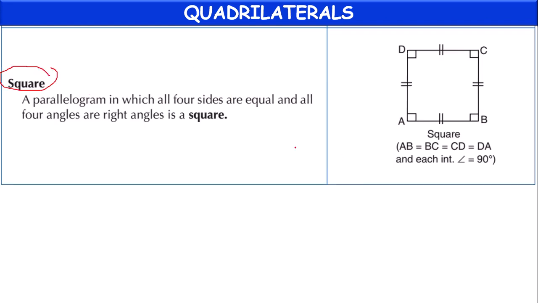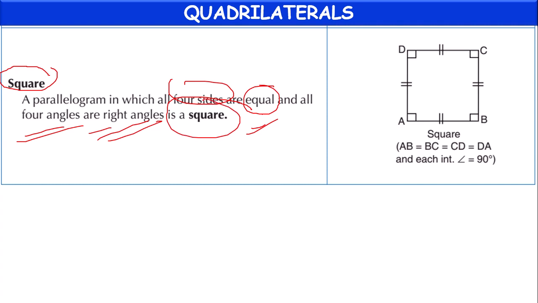But in square, all four sides are equal. Along with that, all four angles also right angles. So then it will be called as a square.